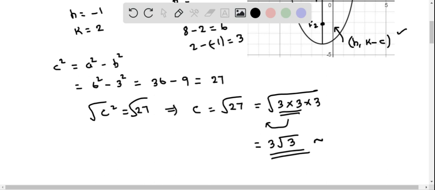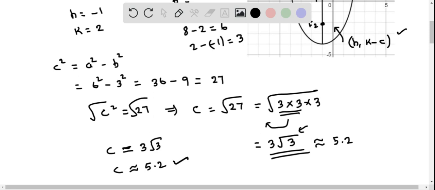Or in fact, if we plug this into the calculator, that is square root of 3, and then multiply with 3, we get approximately 5.2. So therefore, we can say that the value of C is equal to 3 root 3, or in terms of decimal it is approximately 5.2. So we will replace this value of C.